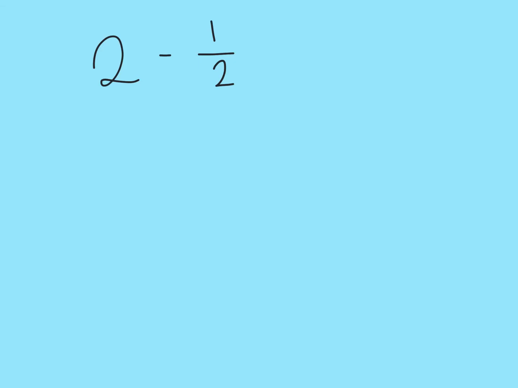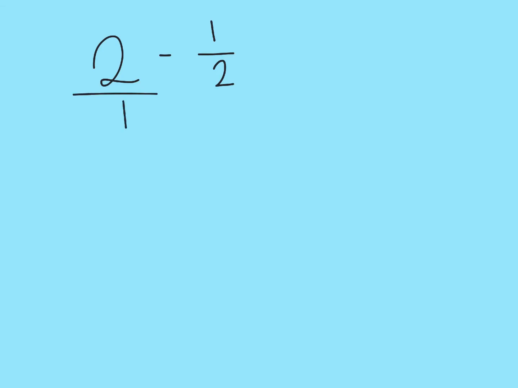Okay, so what if you have this problem, right? What if you have 2 minus 1 over 2? You're just like, wait, I can't do this. Yes, you can. We can subtract fractions from real numbers. This number can also be a fraction, we only have to put a 1.